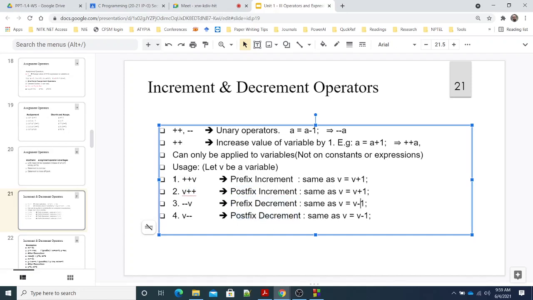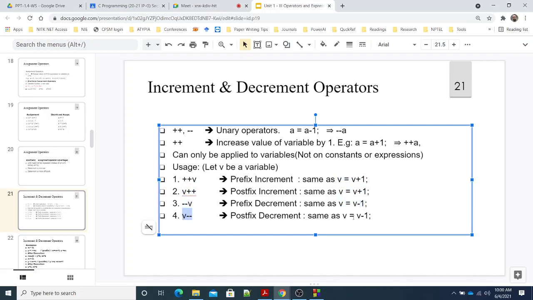In this case, there is not much difference. Prefix increment, plus plus v, is translated as v is equal to v plus 1. Then v plus plus is also the same as v is equal to v plus 1. Similarly, minus minus v is the same as v equal to v minus 1.